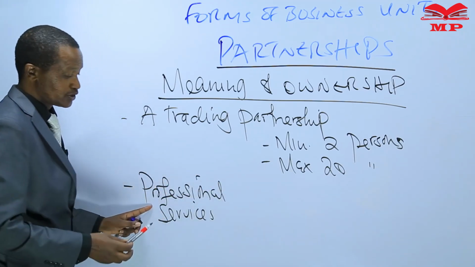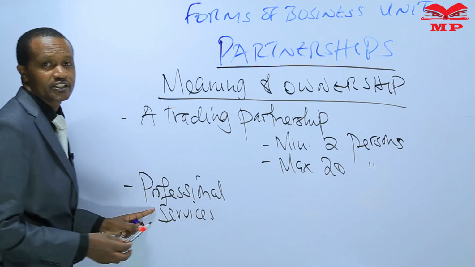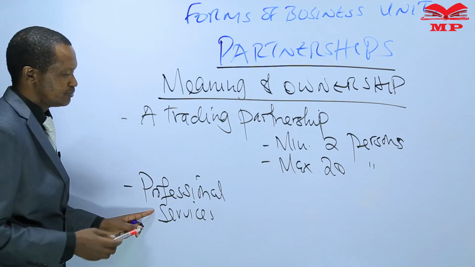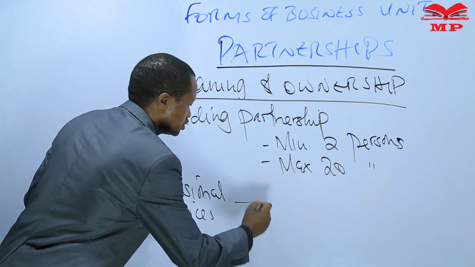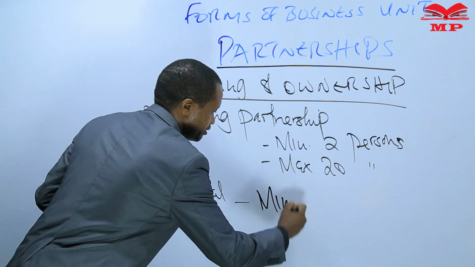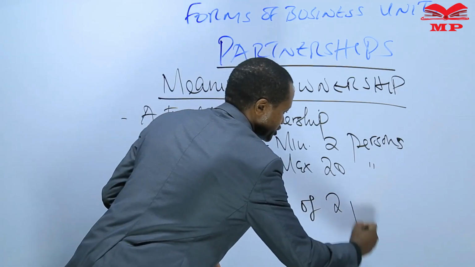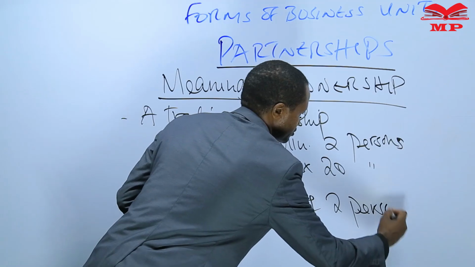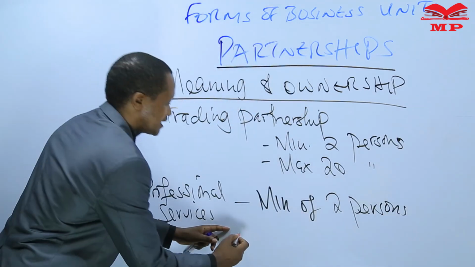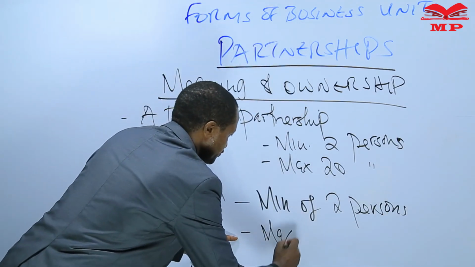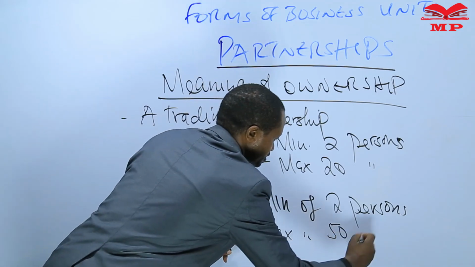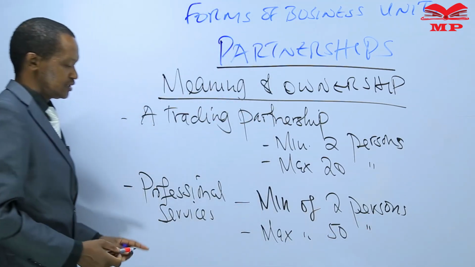But a partnership that offers professional services has a minimum of two persons, and a maximum of 50 persons.